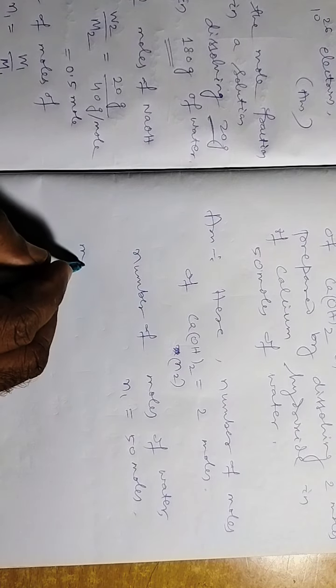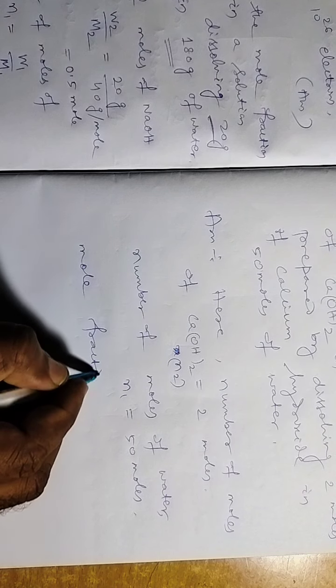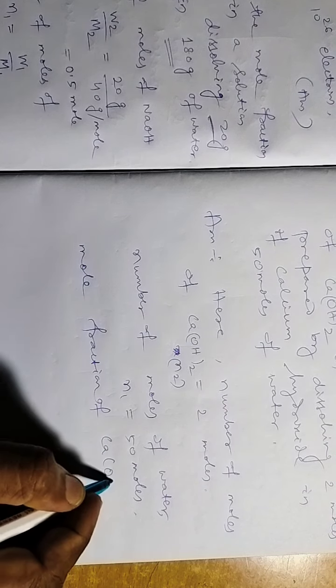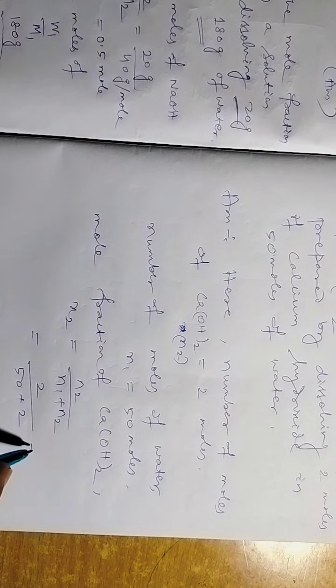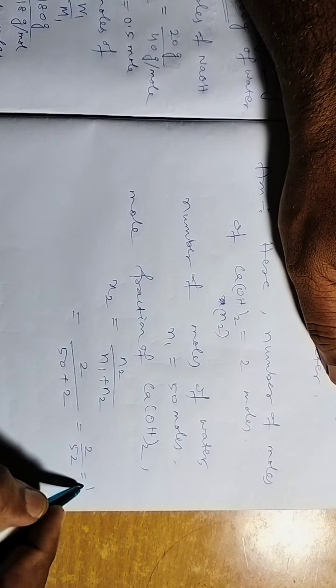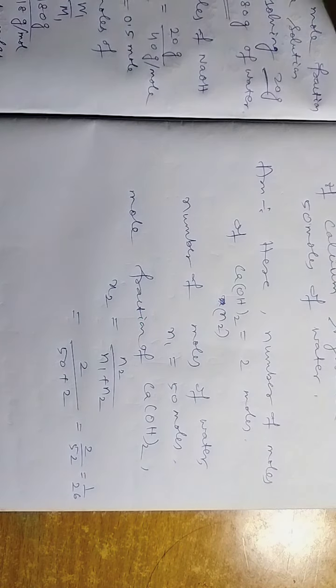So we have to calculate the mole fraction of calcium hydroxide. Now the mole fraction of calcium hydroxide is given by x2 = n2/(n1 + n2), that is 2 by 50 plus 2, that is 2 by 52. Okay, that is 1 by 26.